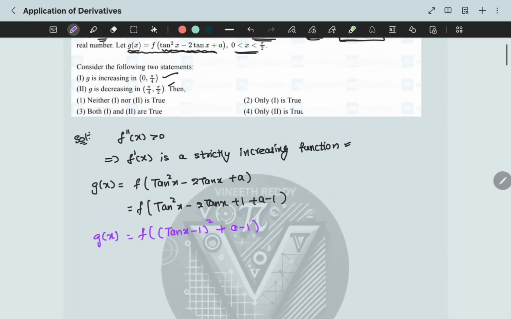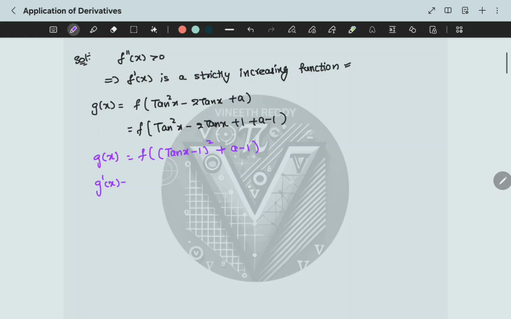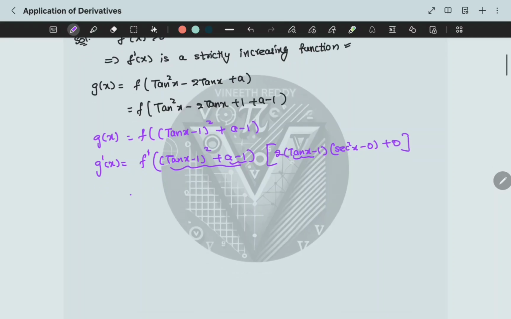Now since I need to find whether it is increasing or decreasing in this interval, first let me differentiate. So g dash of x will be f dash of this, as per the chain rule, into the derivative of the inner part. The derivative of tan x minus 1 whole square is 2 times tan x minus 1 into the derivative of tan x, which is secant square x, minus 0, since the derivative of minus 1 is 0, plus the derivative of a minus 1, which is 0 since it is a constant, right?